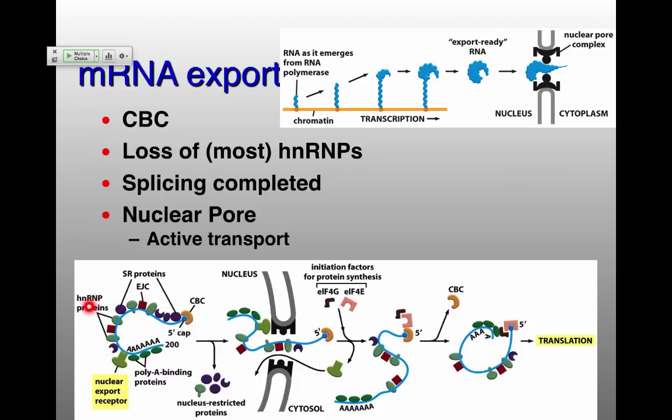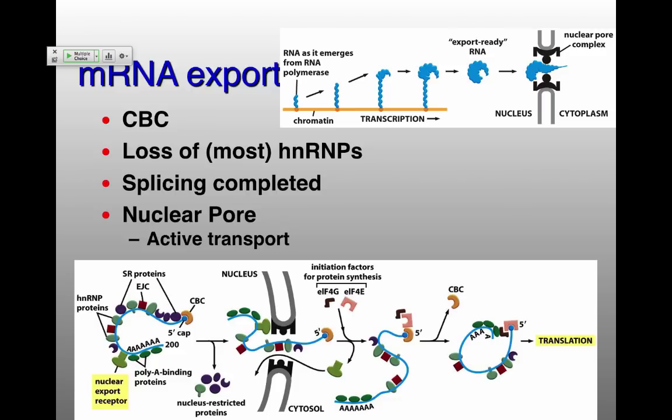Okay, what the heck is HNRNP? Heterogeneous nuclear ribonuclear protein complexes. Most of those are bound to introns. If you have an RNA that has a bunch of HNRNPs bound to it, what does that mean about that RNA? It hasn't been spliced. If it hasn't been spliced, do you want to be getting it out of the nucleus to translate it?